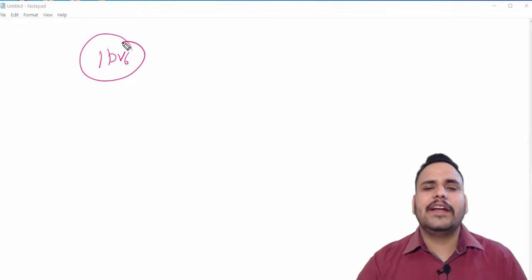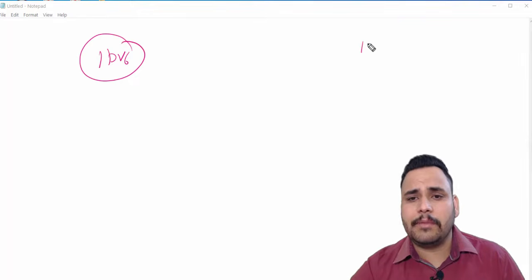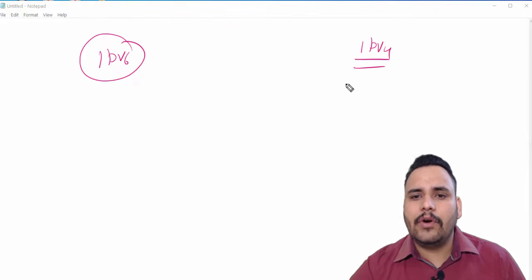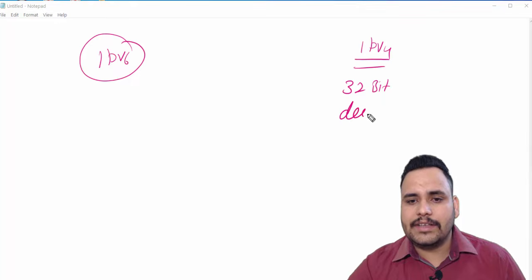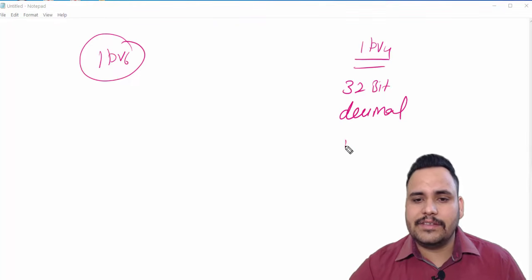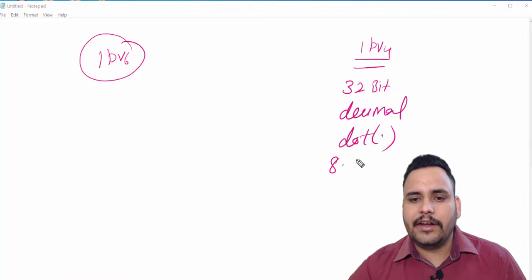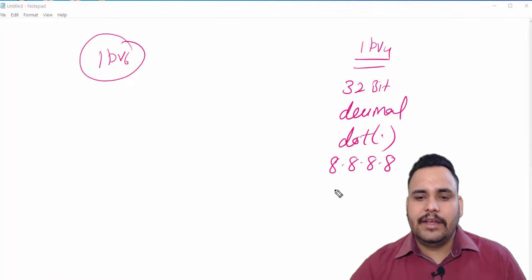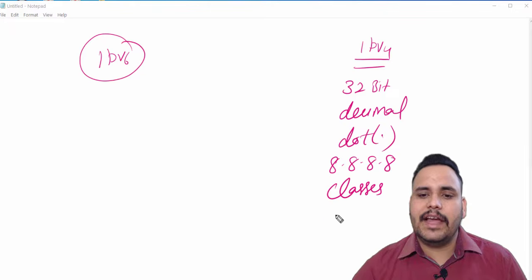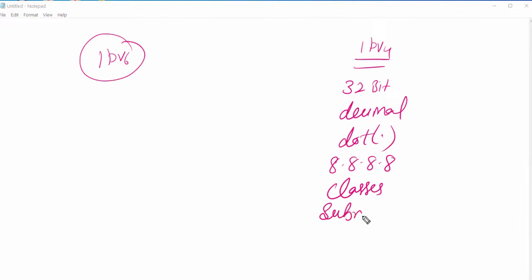So what is the difference between IPv4 and IPv6? IPv4 is a 32-bit address, in decimal format, represented by dots with four octets. It has classes, and we have done subnet masks with classes.